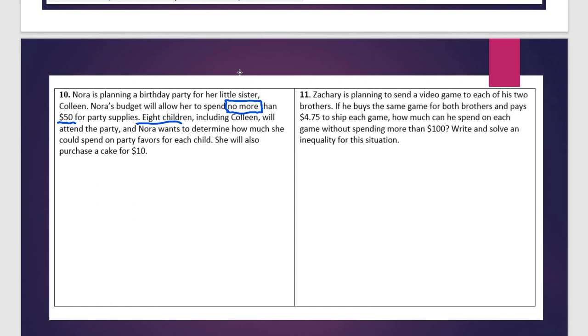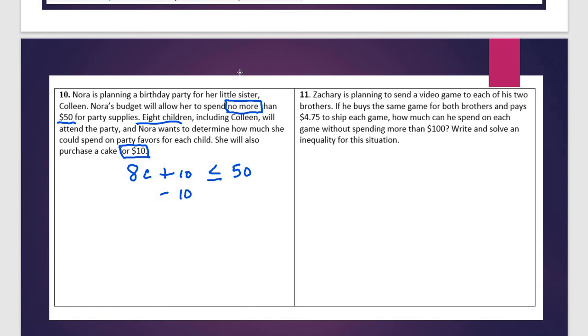She will also have to purchase a cake for $10. Now, we know that we have 8 kids right here. So I'm going to put 8C for children. We know that she's going to spend $10 on a cake. And we know that she can spend less than 50, and she can also spend exactly 50.